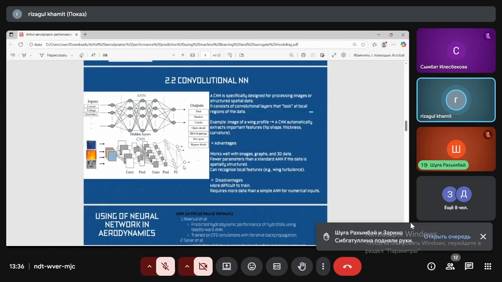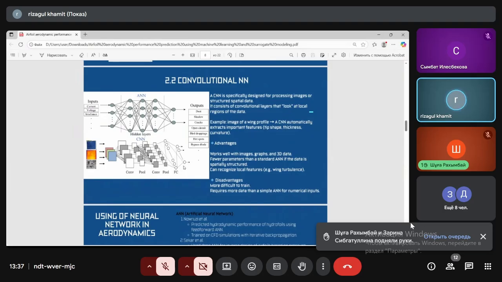You mean what performance metrics are evaluated? The study primarily focuses on predicting the lift to drag ratio, because this ratio plays the most important role in aerodynamics, and it is an indicator of how efficiently an airfoil generates lift relative to its aerodynamic resistance.